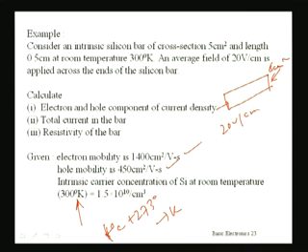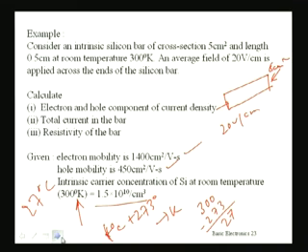So you can find out at what room temperature it is: 300 minus 273. So at 27 degree centigrade room temperature, this sample is given. And at that temperature, the intrinsic carrier concentration of silicon is given as 1.5 into 10 to the power 10 per centimeter cube.